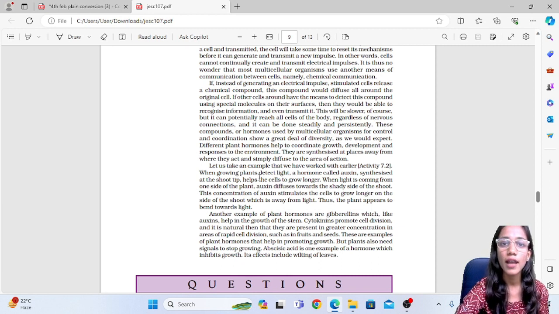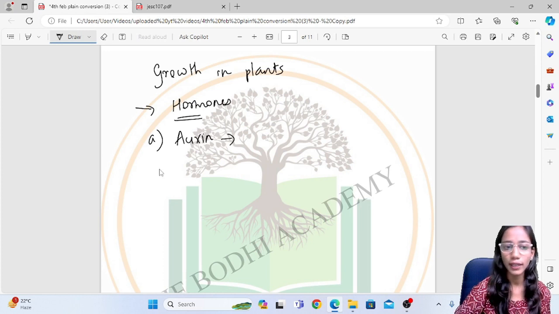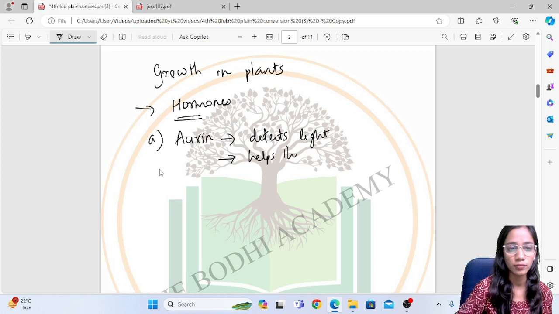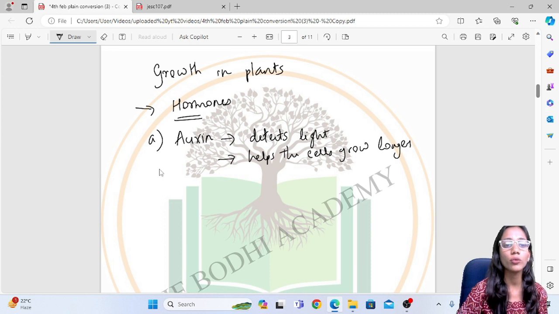It helps the cells grow longer, and it detects light.